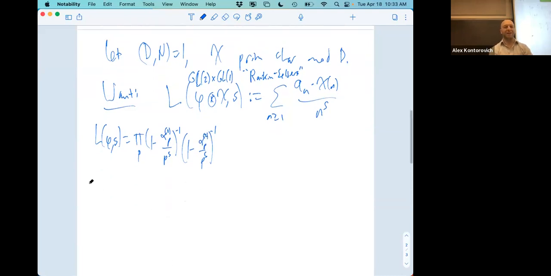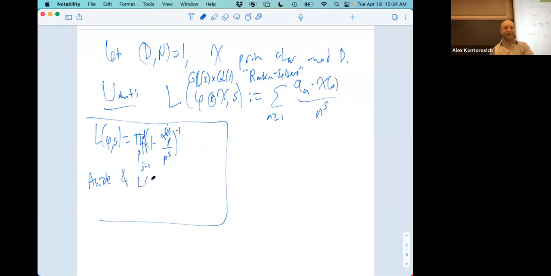So just a complete aside. If you had a degree D product, j goes from 1 to D, a product of alpha pj, and you had another product, and L of psi s is a product over primes, a product j also goes from 1 to M. I'm running out of letters. 1 minus beta pj over p to the s.